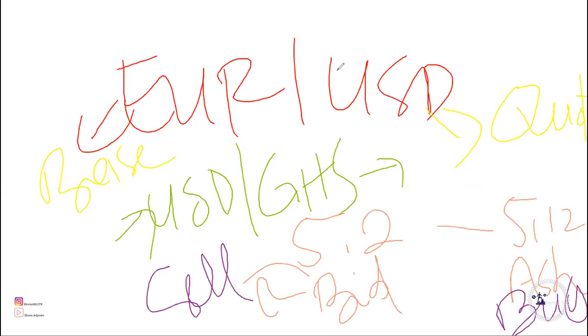The bid price is the price at which the broker is willing to buy from you, and the ask price is the price at which you are ready to buy from the broker. I hope I'm making sense.